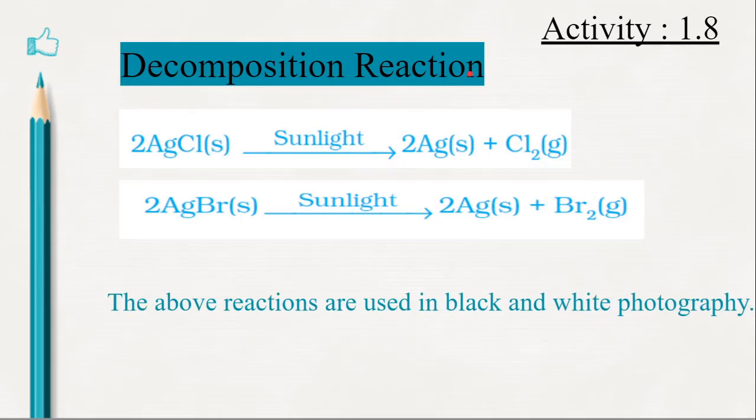The above reactions are used in black and white photography, and they are very useful in black and white photography. What form of energy is causing this decomposition reaction? Do you know?